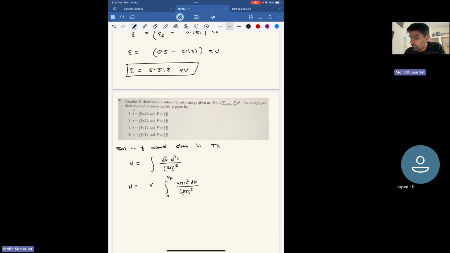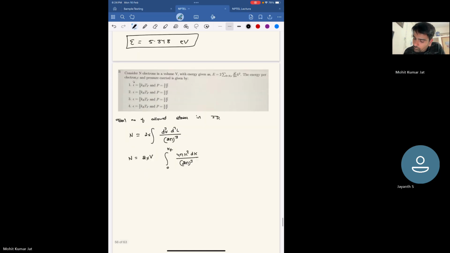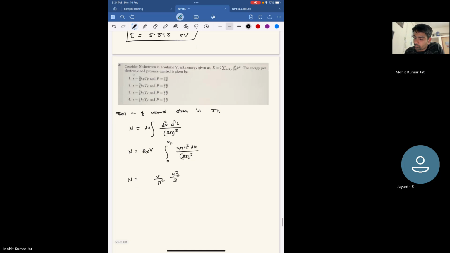Since the system will be spin degenerate, I'll have to multiply it with the degeneracy 2 also. So now this will be nothing but 2V, 2 cancels, and there will be V by π² times kF³ by 3.